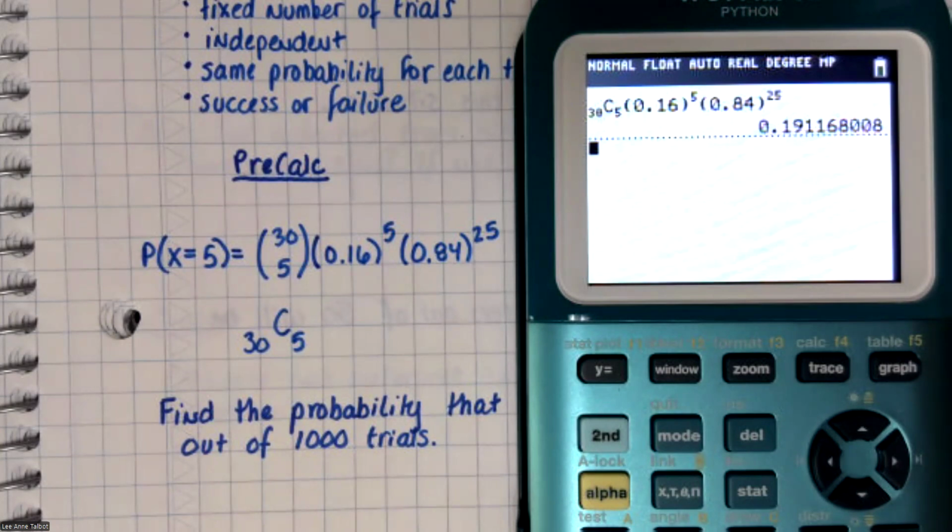Okay, any questions about this? Anyone need any calculator help? Yes. Close your parentheses after 30 combination 5 and then put the rest. Does that work?